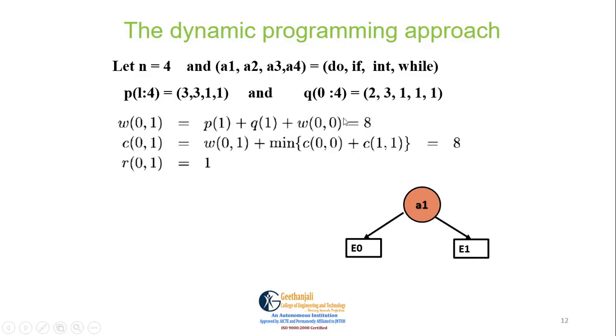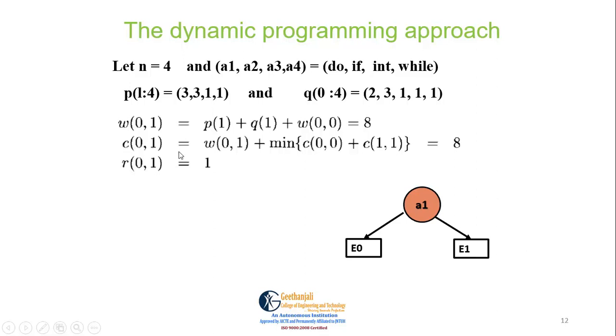So 2 plus Q of 1, which is 3, plus P of 1, which is 3. 3 plus 3 is 6, 6 plus 2, total 8. So W of 0,1 is the frequency of that particular tree, the weight. It is 8.